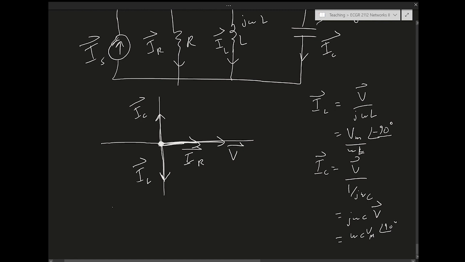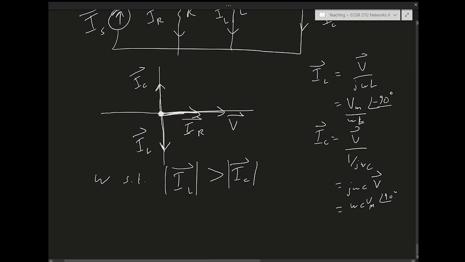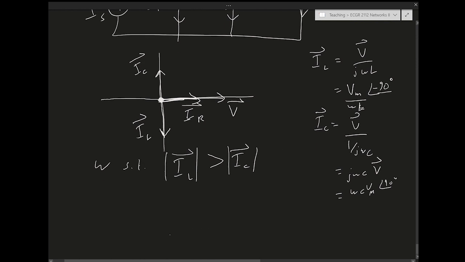And two things could happen. IC and IL are functions of omega. IR is not a function of omega. So omega could be such that the magnitude of IL is larger than the magnitude of IC. In that case, the phasor diagram is going to look like this. I'm going to draw the complex plane axis again.